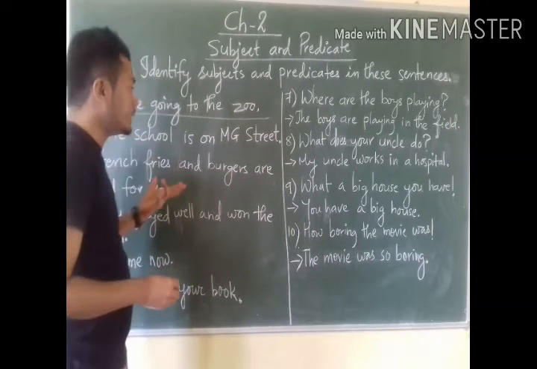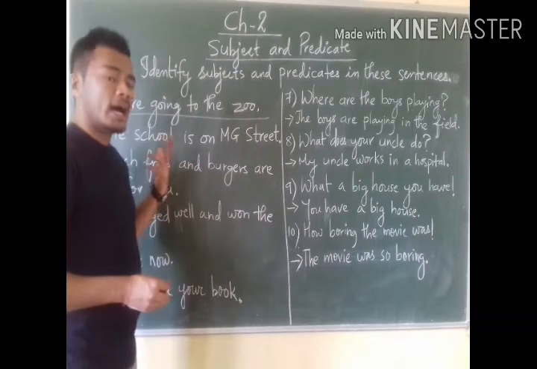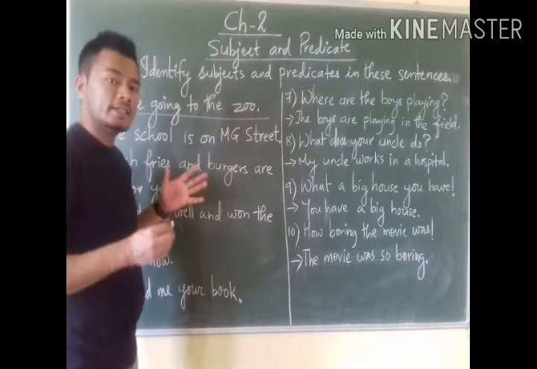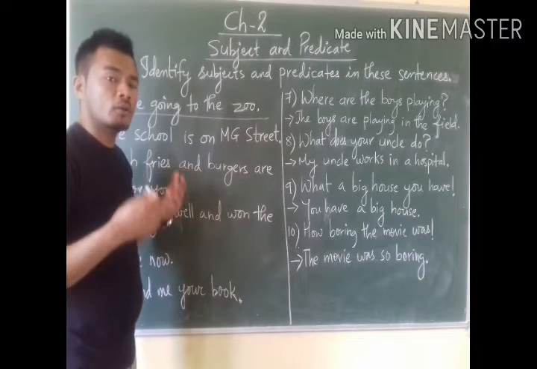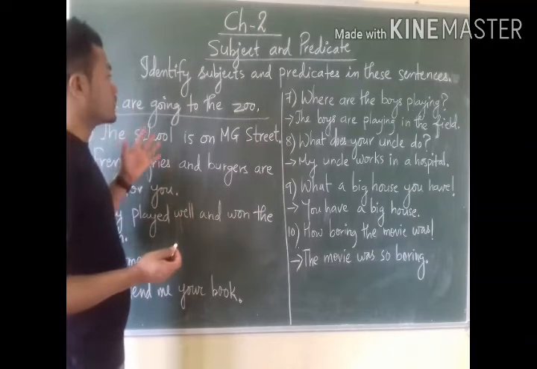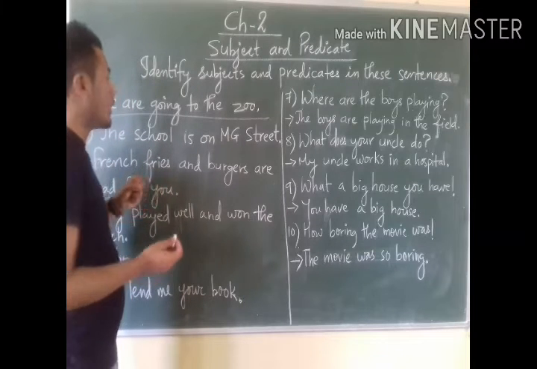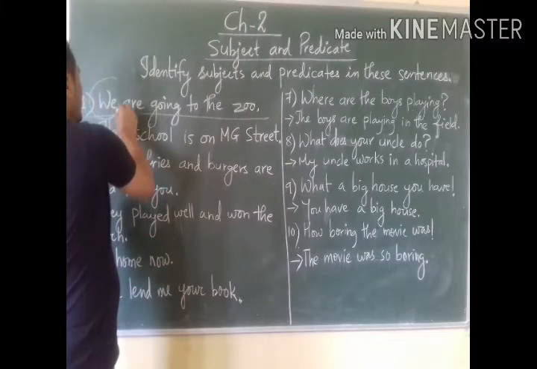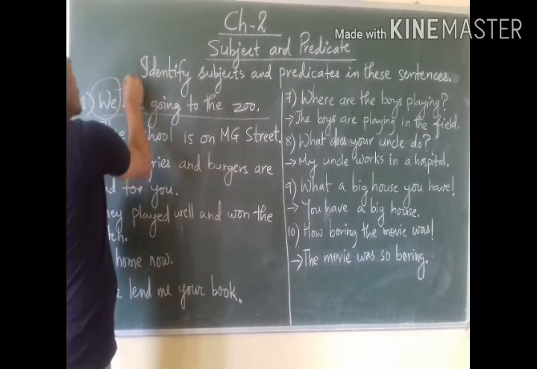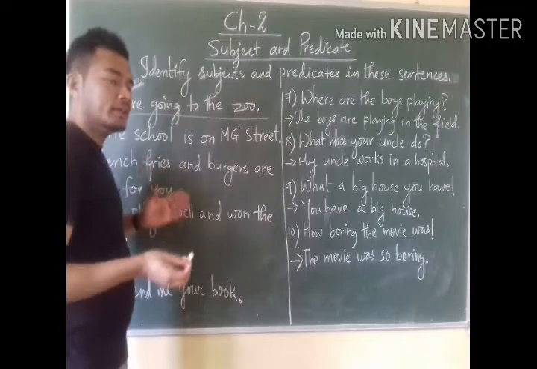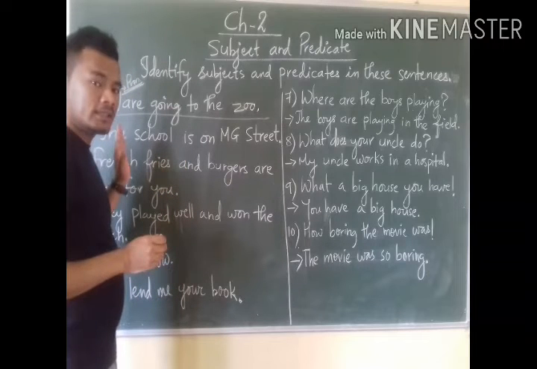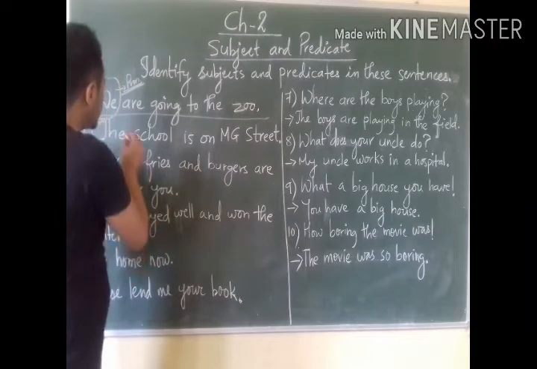So here, the sentence is written about we. This is a pronoun, and here this pronoun we has been used as the subject. So we is the subject here.